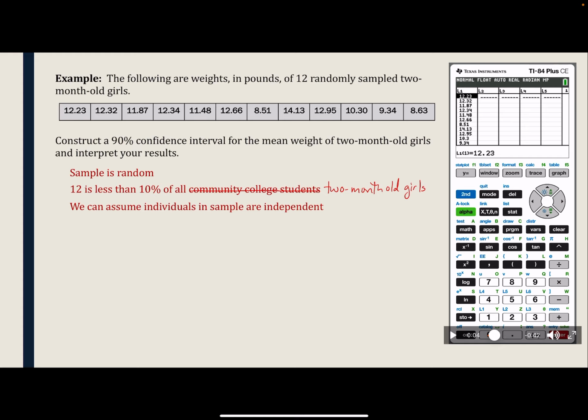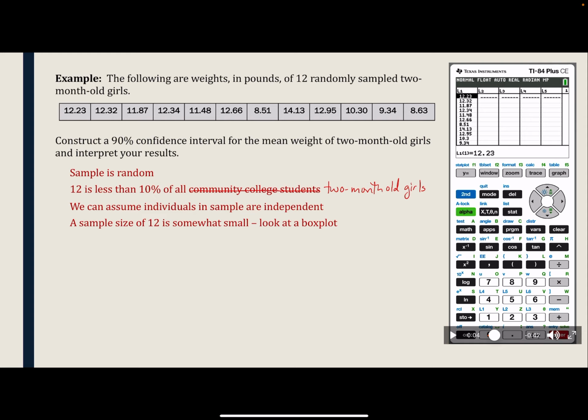And therefore, it's safe to assume that the individuals in the sample are independent. But we have a sample size of 12, which is pretty small. So before we go and find the confidence interval, we want to make sure that there aren't any extreme outliers and there's not any kind of extreme skew.